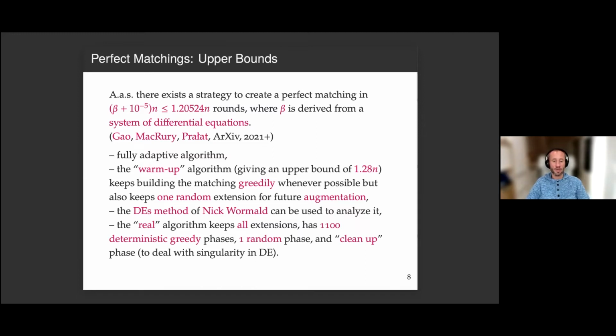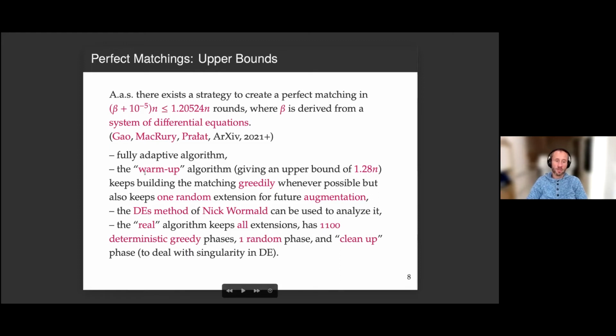It's great, and there are some ready-to-use black box theorems by Nick, and now Lutz Warnke is also looking at these kinds of tools, and many other people. They're strong and nice tools.